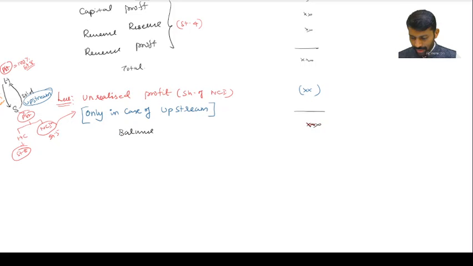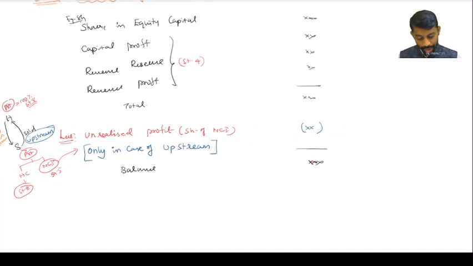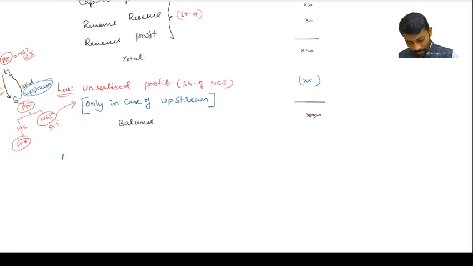So now here you will get what is the balance? Now here, along with these equity shareholders, there may be preference shareholders also. Correct? So therefore, what you have to do is add preference shareholders of subsidiary company.